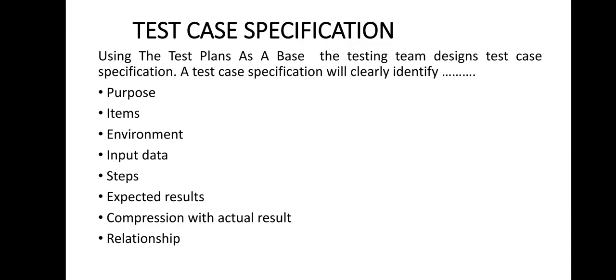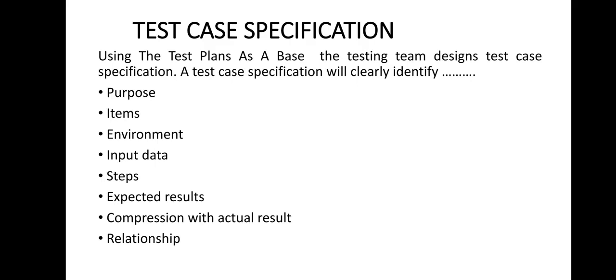Okay, so next we have to define the steps that will be followed to execute the test. After that, we have to prepare a list of the results that are expected, that are considered to be correct results. These are not the actual results, these are the expected results.